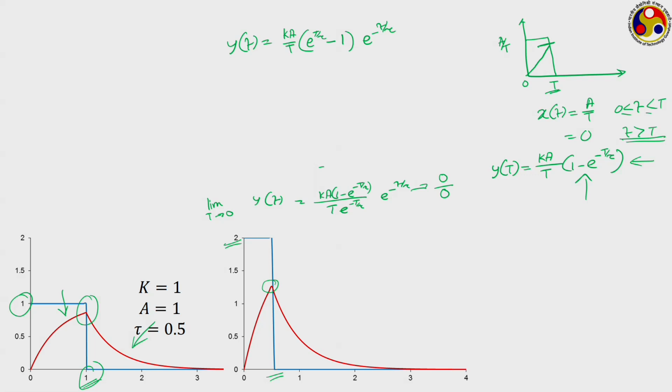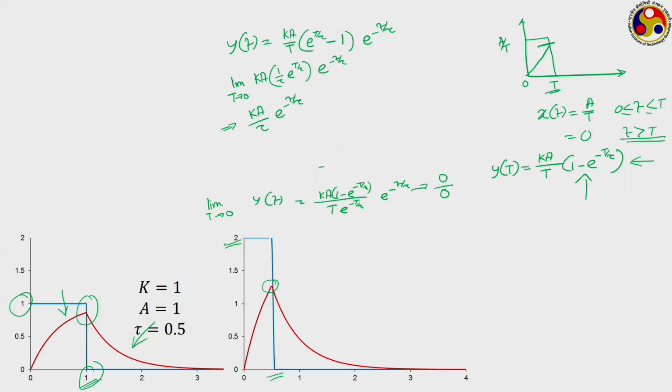Now if we apply L'Hospital's rule on this, that is, we take the limit t tends to 0 of this quantity, differentiating both the numerator and denominator with respect to capital T, we are left with k, the denominator goes to 1, and the numerator is 1 by tau e to the power minus t upon tau, so it reduces to k by tau e to the power minus t by tau.